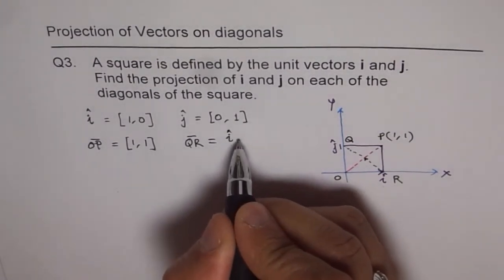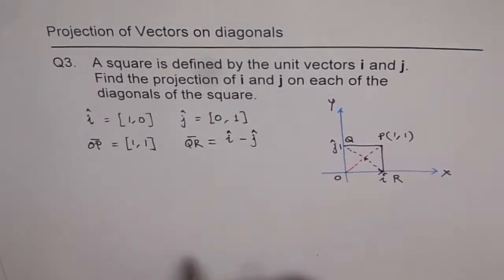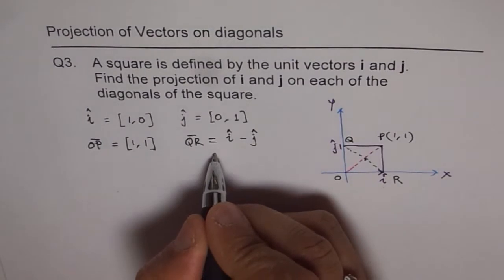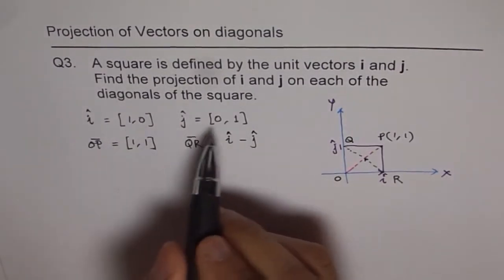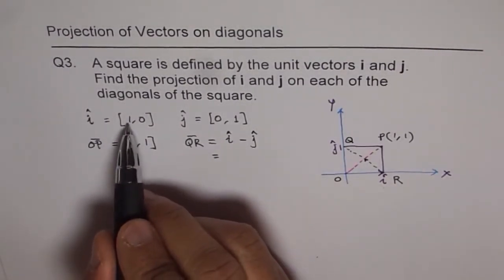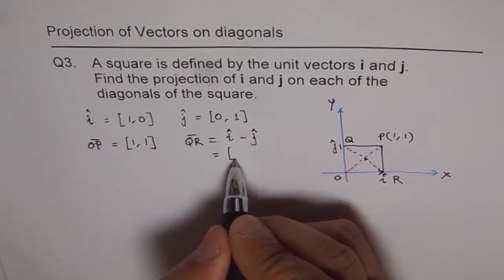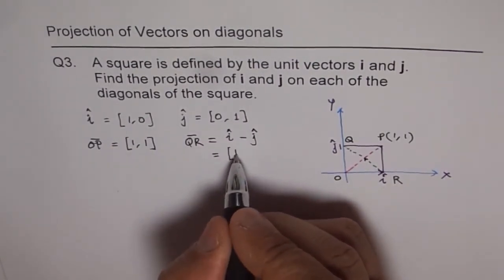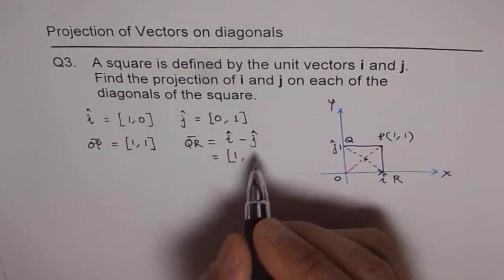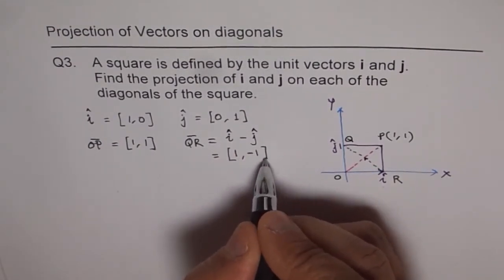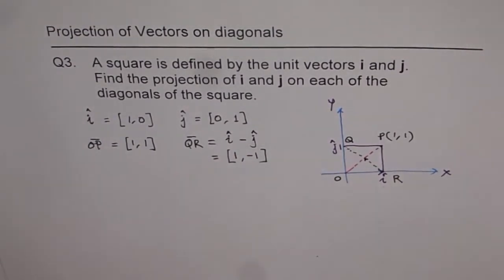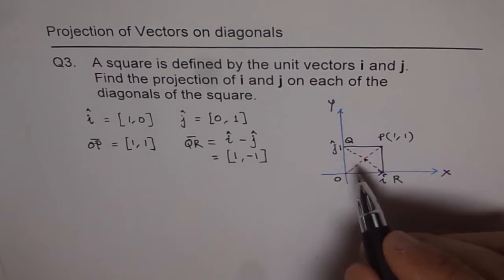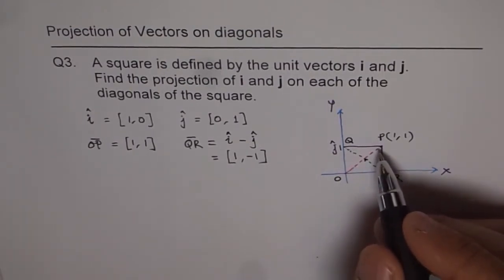Let me write like this, i minus j. Right? So i minus j is what? This is i and that is j. So when I do i minus j, I get 1 minus 0, which is 1, and 0 minus 1, which is minus 1. So I get QR as (1, -1). Do you understand? So once we have i and j, the two vectors, and we have the vectors on which we need to project, then it's a very simple thing.